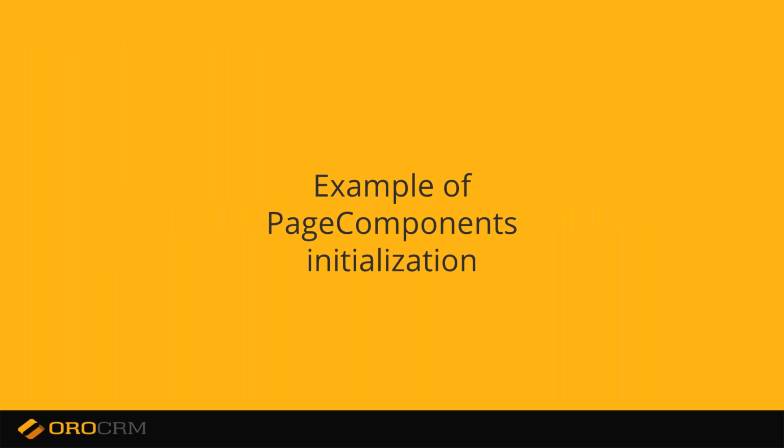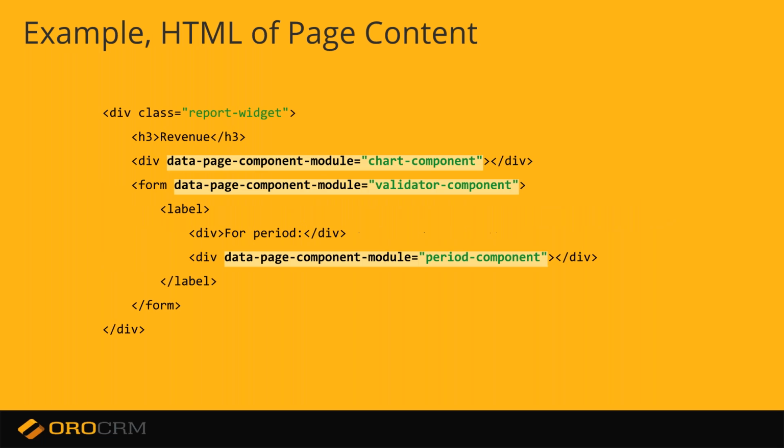Let's review an example of page component initialization. Imagine we have the following HTML. It represents some reports with a chart and controls to select the report's period of time. Note that these components are not real and you won't find them in Oro. They are made up just to explain how it works.